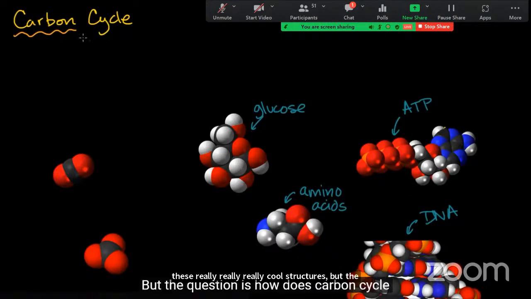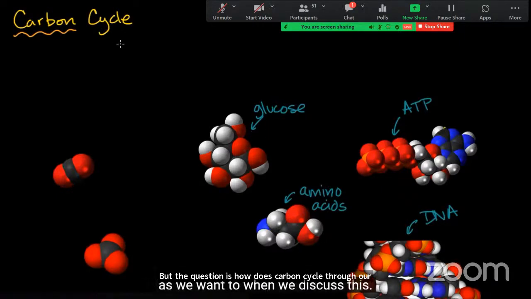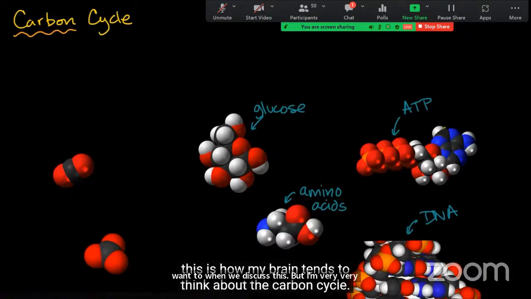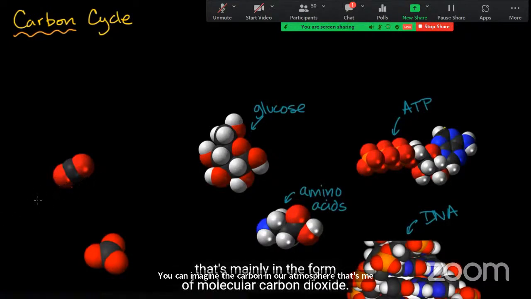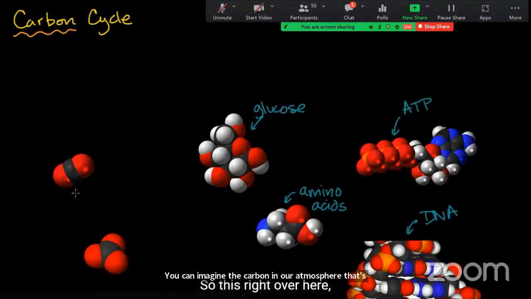But the question is, how does carbon cycle through our biosphere? And we can get as simple or as complex as we want to when we discuss this. But in very simple terms, and this is how my brain tends to think about the carbon cycle, you can imagine the carbon in our atmosphere that's mainly in the form of molecular carbon dioxide. So this right over here is CO2.